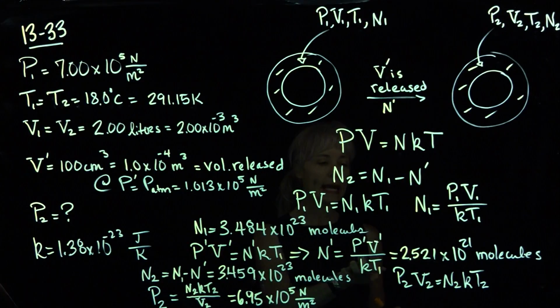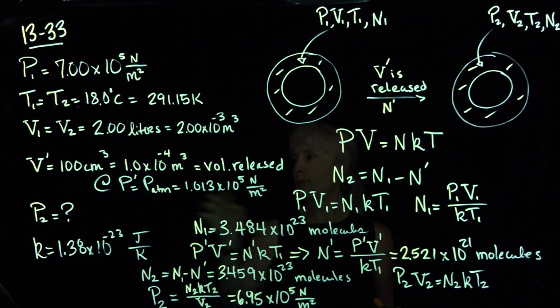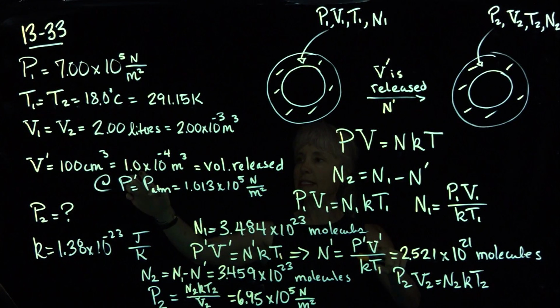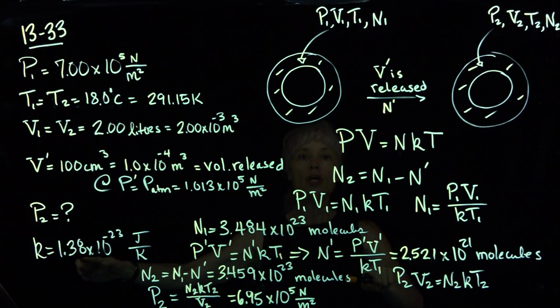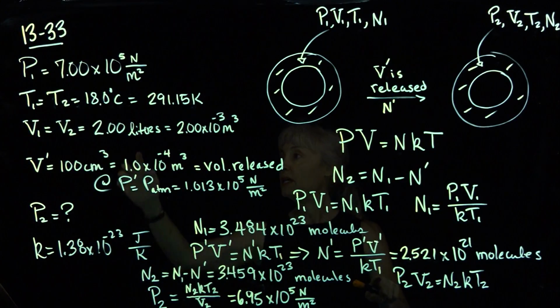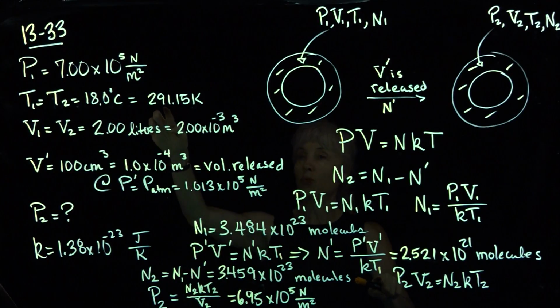So rearranging again, solving for the number of molecules released, it's going to be P prime V prime over kT1. So P prime, the pressure at which they were released, atmospheric pressure, 1.013 times 10 to the 5th newtons per meter squared, times the volume that was released in standard units, that's 1.0 times 10 to the minus 4 cubic meters, divided by Boltzmann's constant, 1.38 times 10 to the minus 23 joules per Kelvin, and then again divided by 291.15 Kelvin.